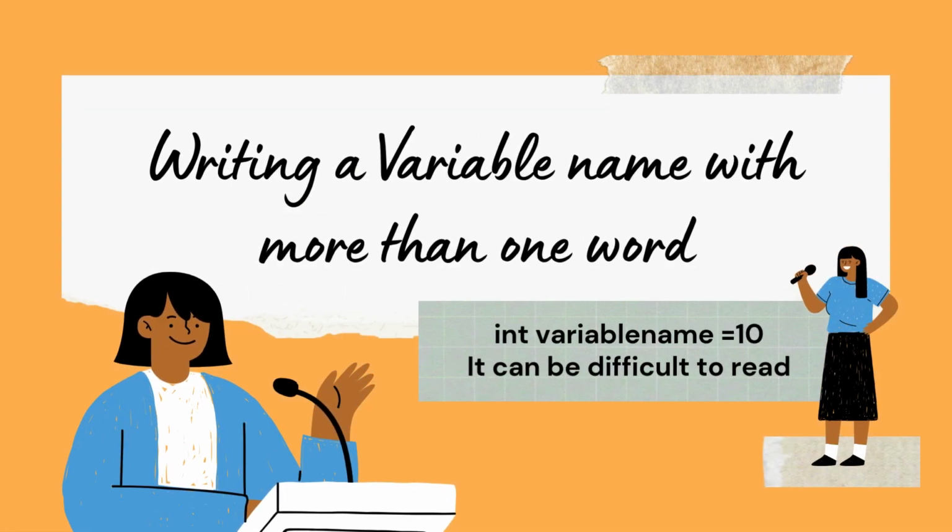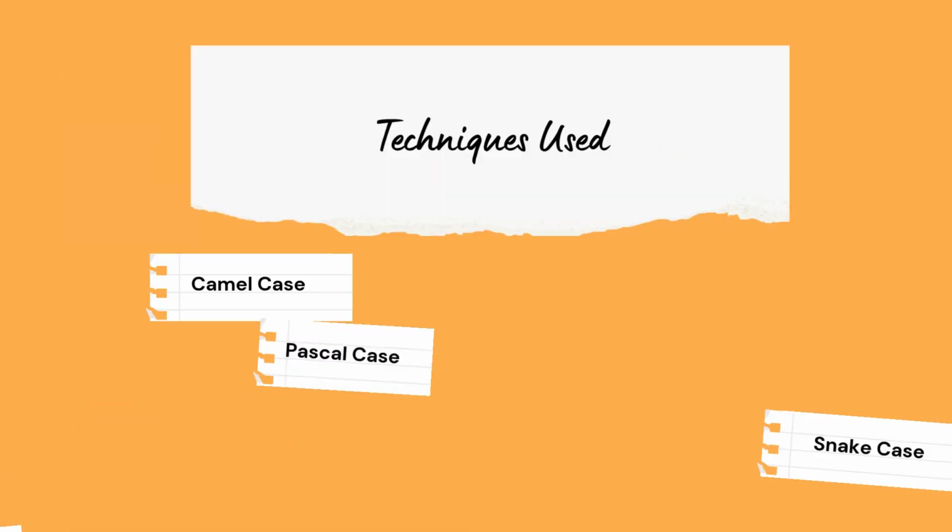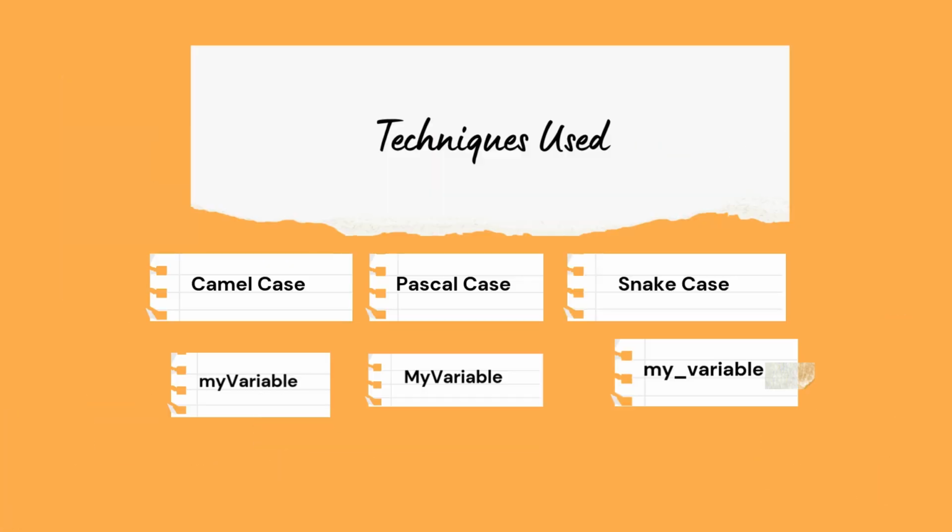If we create a variable name with more than one word, it can be difficult to read. To make it more readable, there are several techniques you can use. There are camel case, Pascal case, and snake case. For camel case, except the first word, each word starts with a capital letter. In Pascal case, each word starts with a capital letter. In snake case, each word is separated by an underscore character.